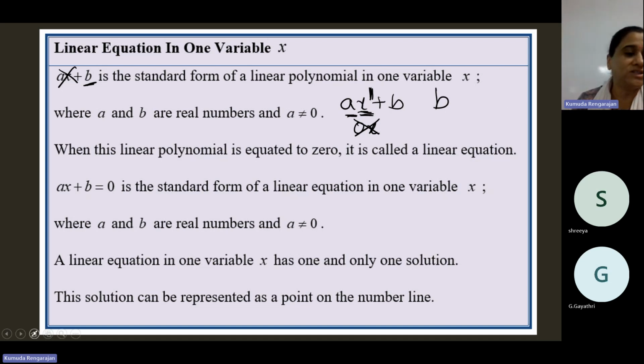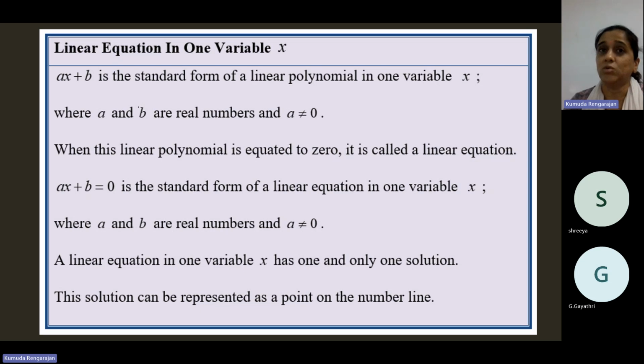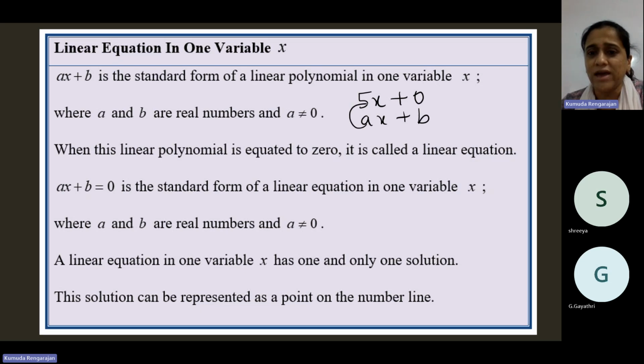So the important condition is that a should not be equal to 0. b can be 0. If you take this example, 5x, it is a linear polynomial in one variable x because it can be treated as 5x plus 0. You can't treat it as 5x plus 1. When you compare this with ax plus b, a is 5 and b is 0.